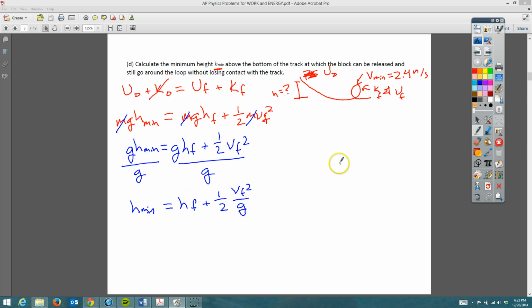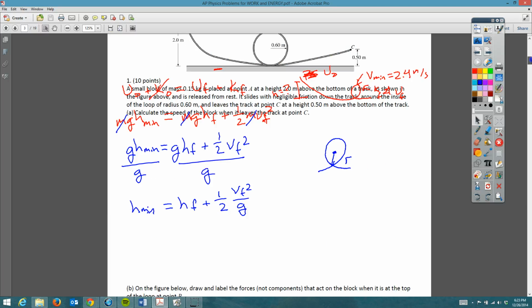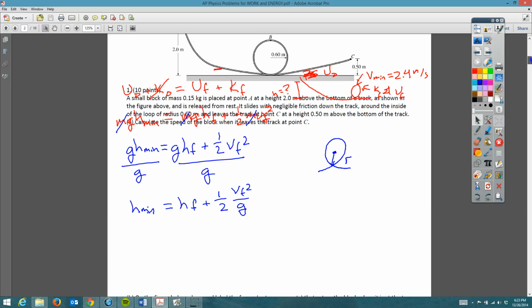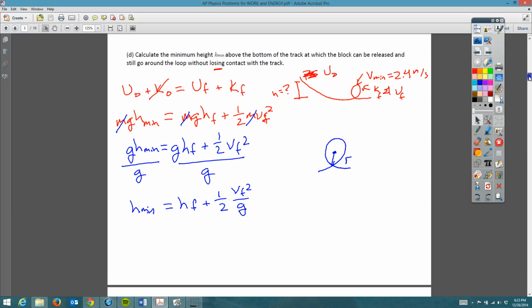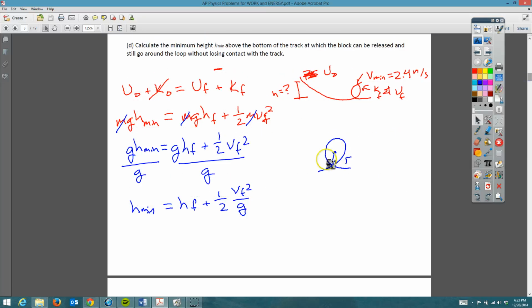Now, when we look at that final height, they gave us the radius. If we go back up to the top, we can see that the radius of this little hoop is 0.6 meters. We need to be careful that the height of the loop is 2 times the radius.